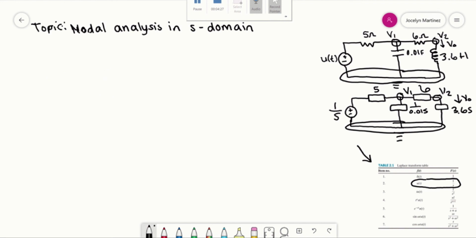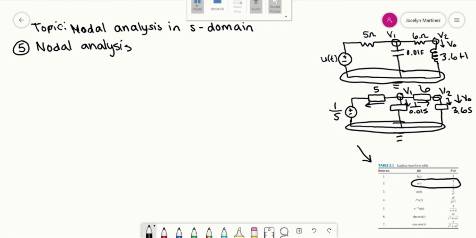Okay. So the next step is using nodal analysis, right? So remember that nodal analysis is using KCL, so we're going to have to draw our current. So I'm going to label this current as going out of the node, out of the node, and this is going out of this node.